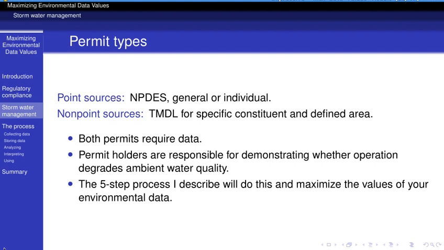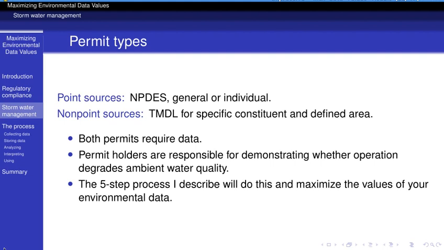The regulatory mechanism for non-point source discharges is the total maximum daily load, TMDL, for a specific chemical in a defined reach or an entire river network. This maximum concentration load is then allocated to point and non-point discharges along the defined range.